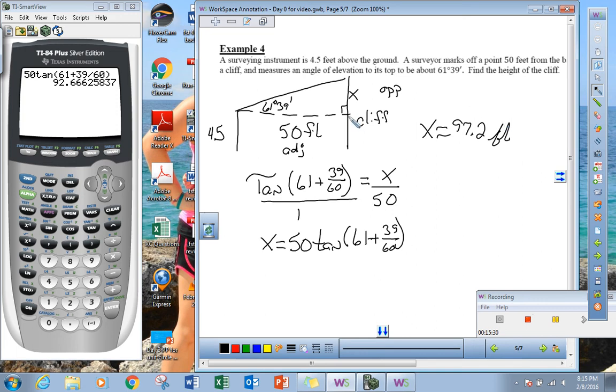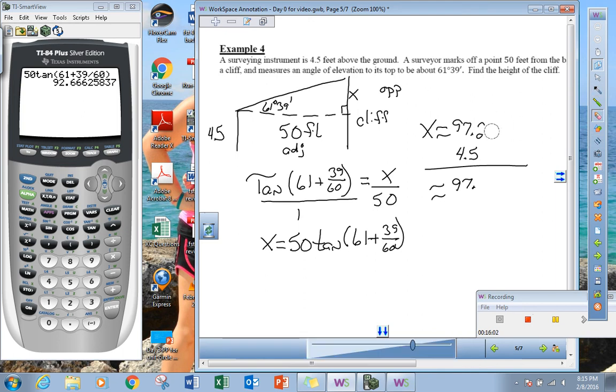I need to add in this 4.5 feet for the height of my instrument. So let's come in and also add in another 4.5 feet. Oh wait, yeah, let's add in 4.5. I wrote this backwards. Let me backtrack real fast.